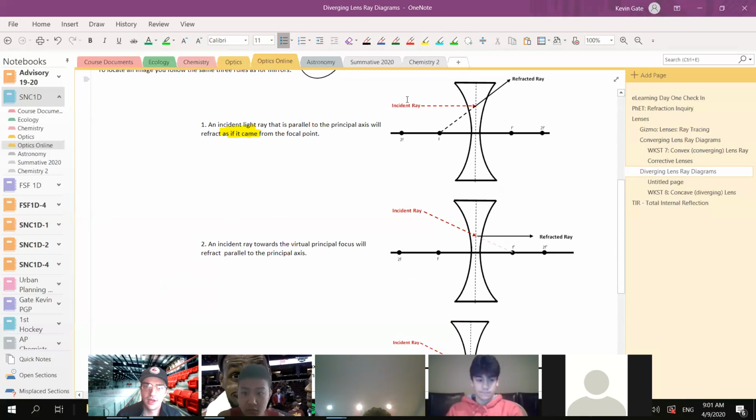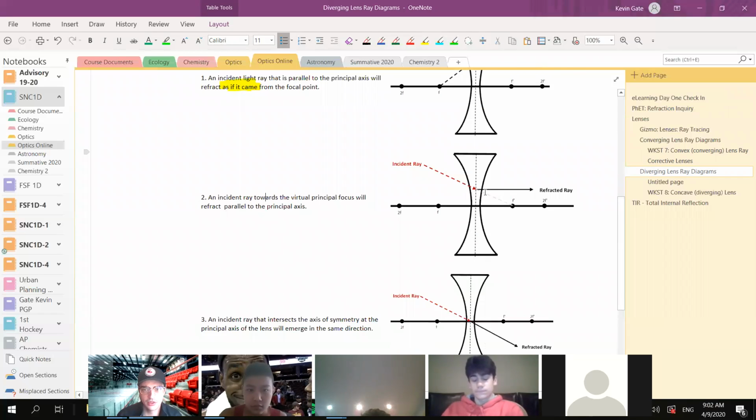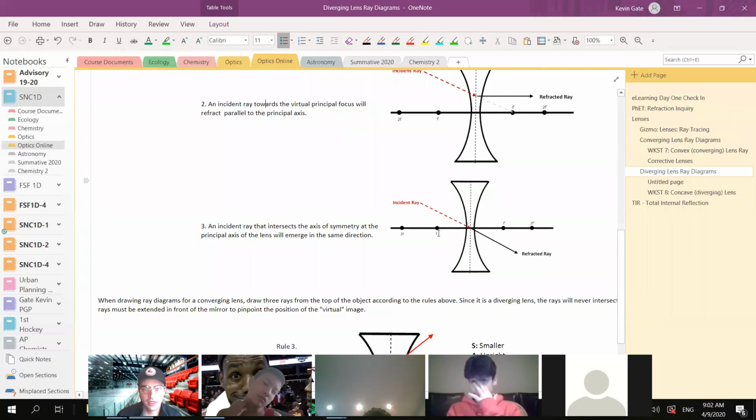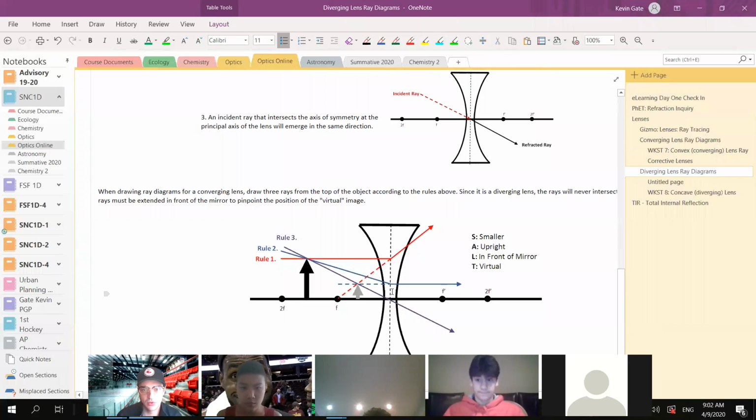So the incident ray that's traveling parallel will refract away from the principal axis as if it came in line directly from the focal point. As such, if you're traveling towards the focal point, it will refract parallel to the principal axis. And if we have a ray that goes through the axis of symmetry, it will be left unaffected. So those are the 3 rules summarized there for you for a diverging lens.